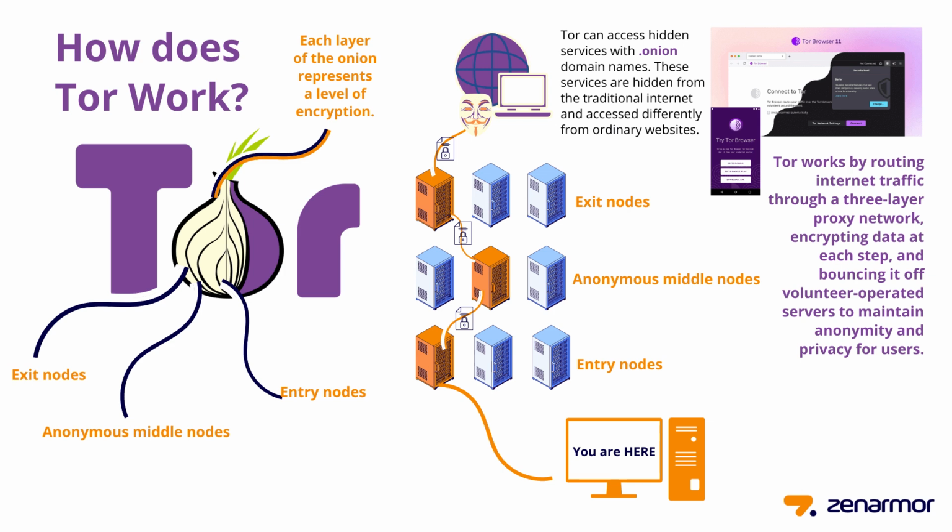When you use Tor, your internet traffic is encrypted and passed through a series of volunteer-run servers before reaching its destination. This makes it extremely difficult for anyone to trace your online activities back to you.